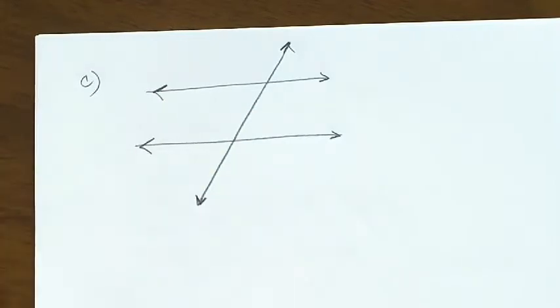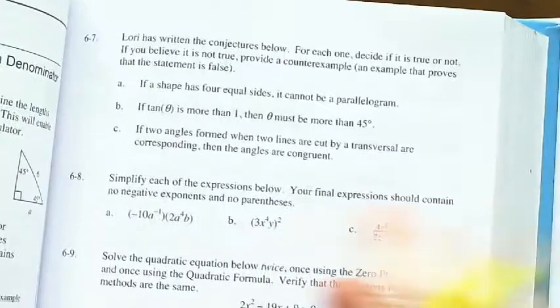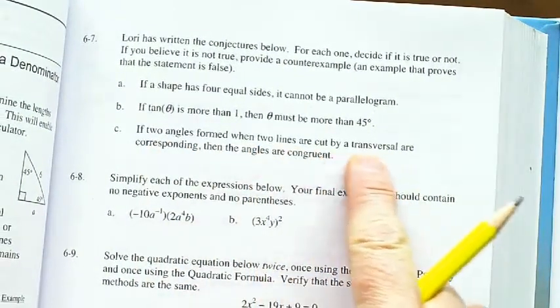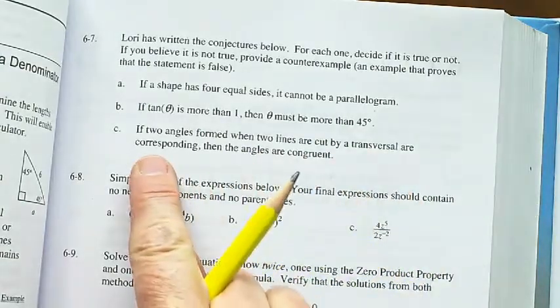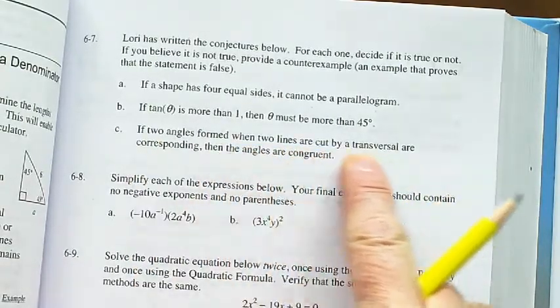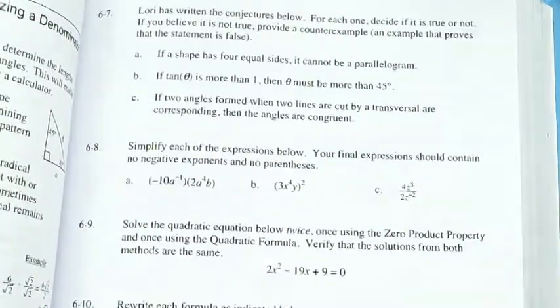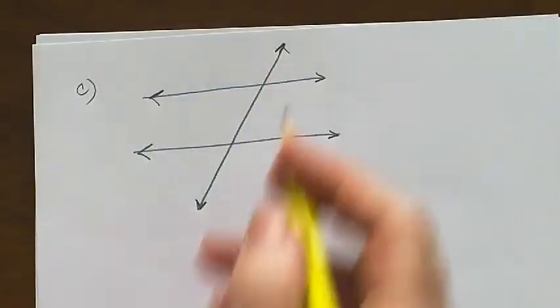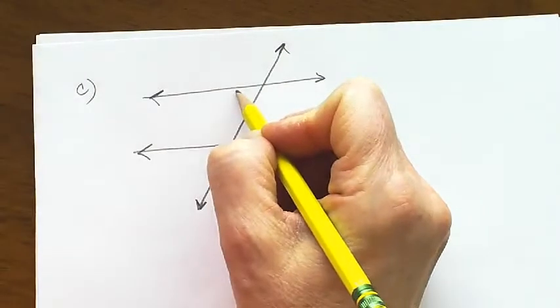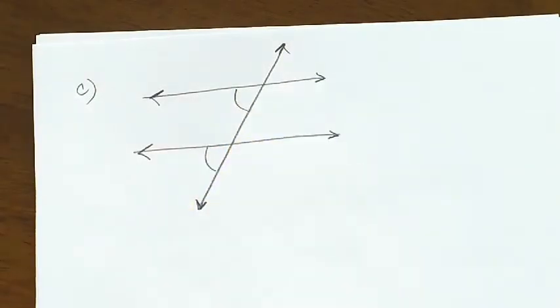All this says is that if you have 2 angles formed when 2 lines are cut by a transversal that are corresponding, it did not say that they were congruent. That's kind of a trick question.